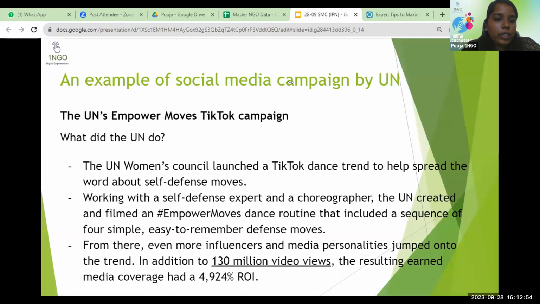The takeaway was that most of the influencers and media personalities came together and also performed here. Other than that, on the return on investment, if you can see, 4,924% return on investment was earned by this TikTok campaign.